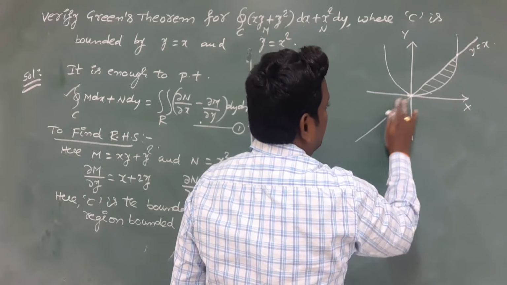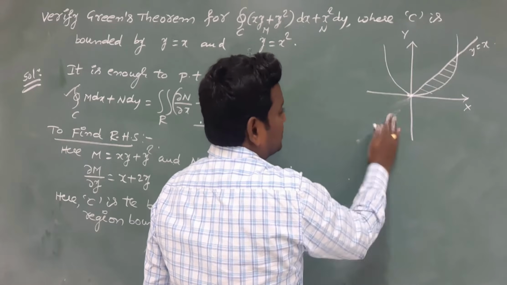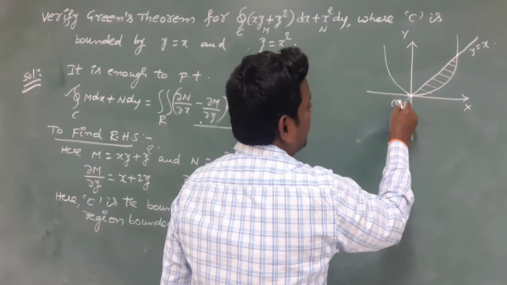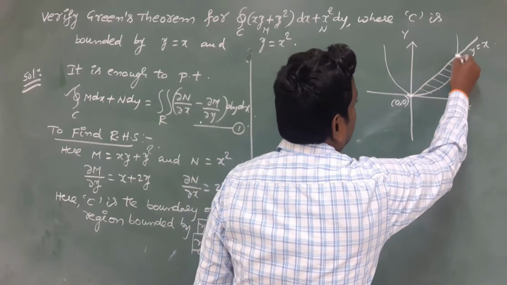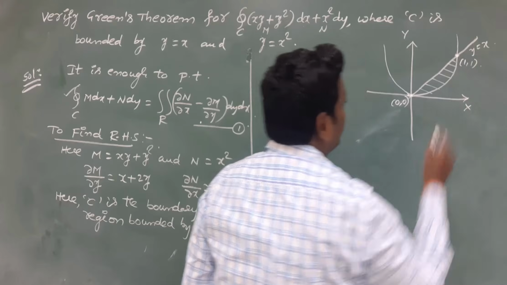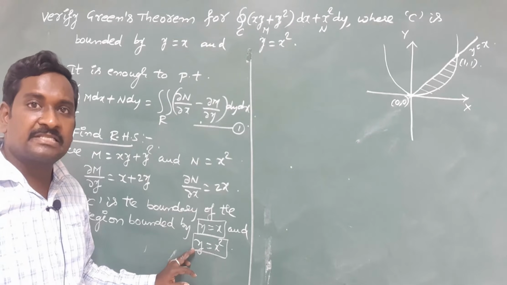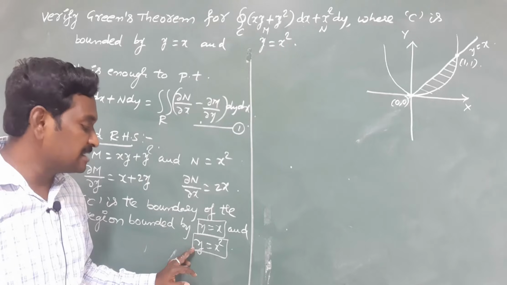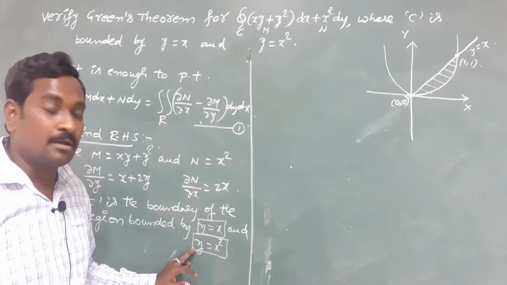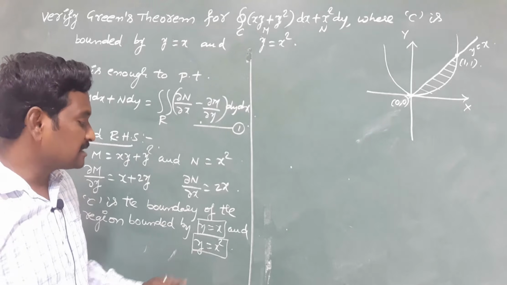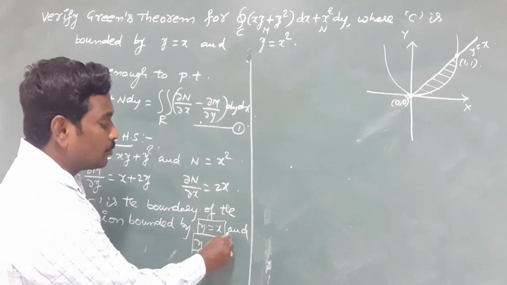We observe that this part is not necessary. The intersecting points are (0, 0) and (1, 1). y = x and y = x² intersect at two points, one at the origin and another at (1, 1). How can we get those intersecting points? Simple, you can solve both equations.